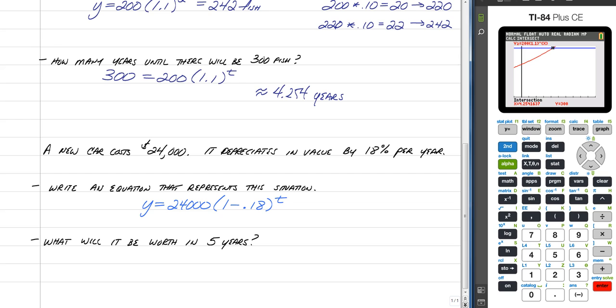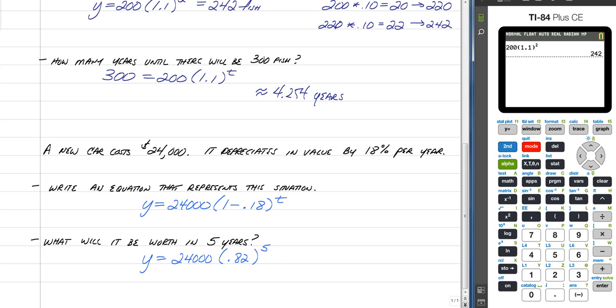What's it going to be worth in 5 years? Well, y is equal to 24,000 times, again, you can write 1 minus 0.18, or you can write 0.82 raised to the 5th power.